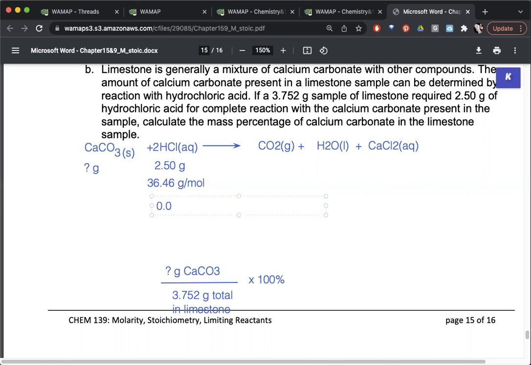So in the problem, I've got 0.068568 moles given. And then from that, I'm going to calculate how much calcium carbonate must have been in that sample using these coefficients. So I'm going to divide by 2 moles of HCl and multiply by 1 mole of calcium carbonate.